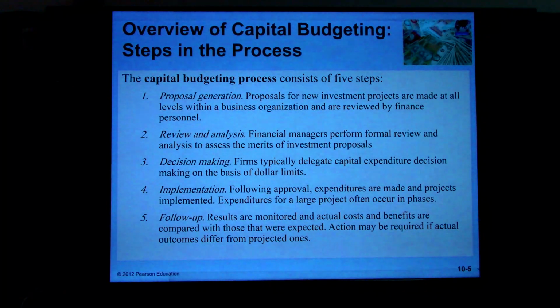After we get the approval and the expenditures are made, we start to implement a specific project, and finally follow up. Those are the basic 5 steps related to the capital budgeting process.